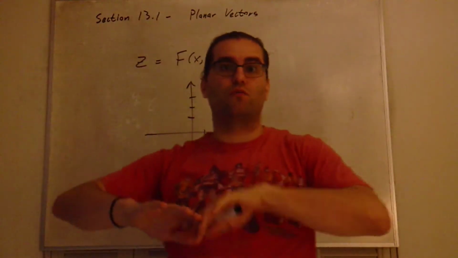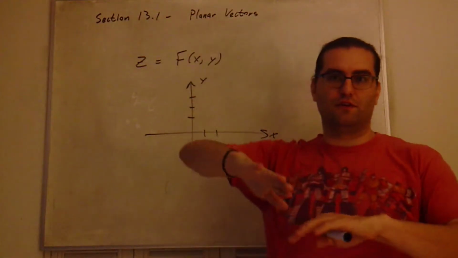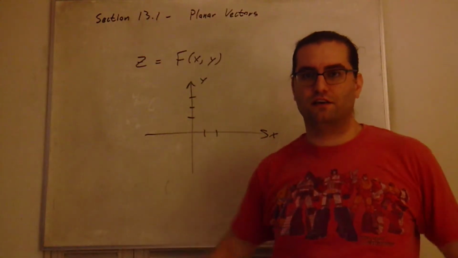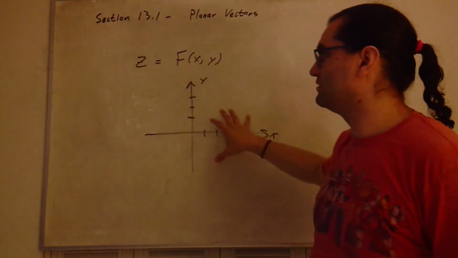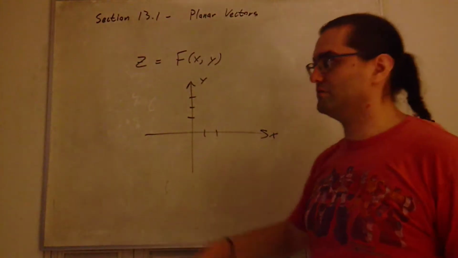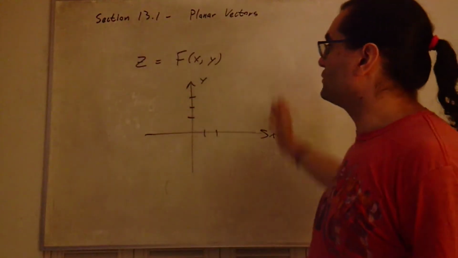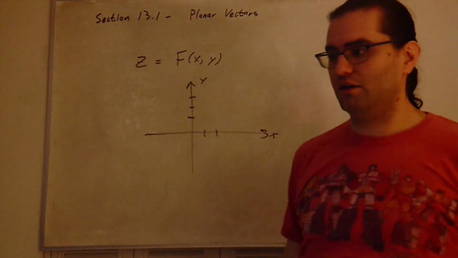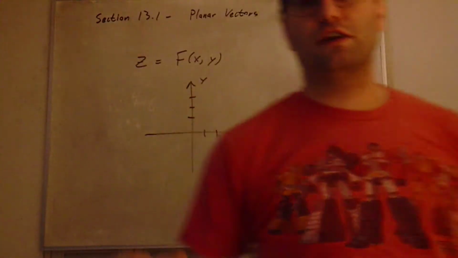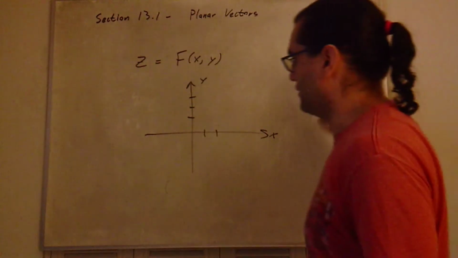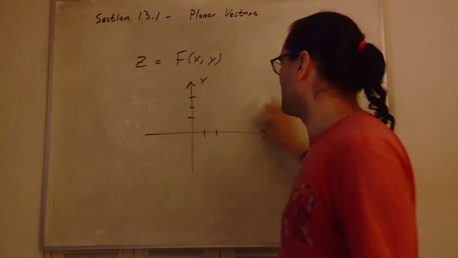We can model ripples across the surface of a pond using this as the height of the wave, the dependent variable, and your position in the pond being your independent variables, 2 of them. So this is ultimately the goal that we want to get to. We're going to have a lot of fun with those, doing derivatives, doing integrals in 3 space using extra variables. And this is one of the ways we're going to do it.